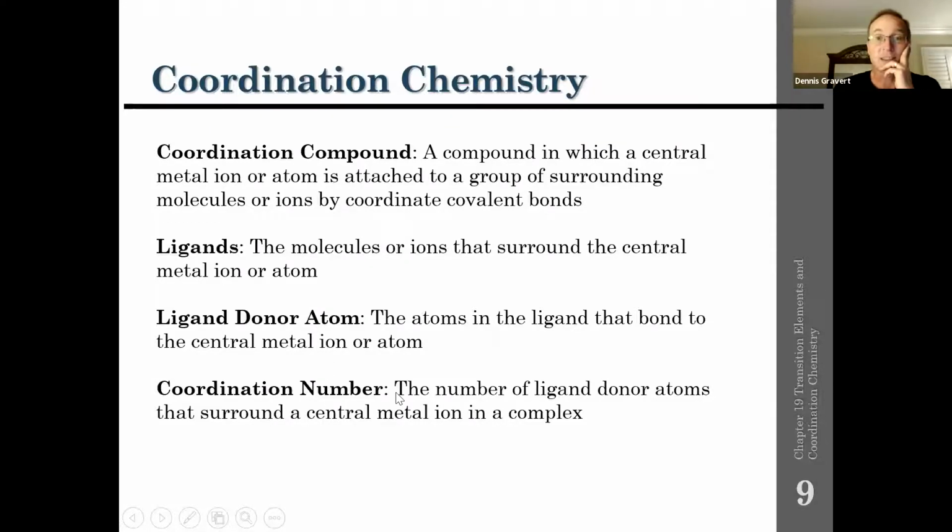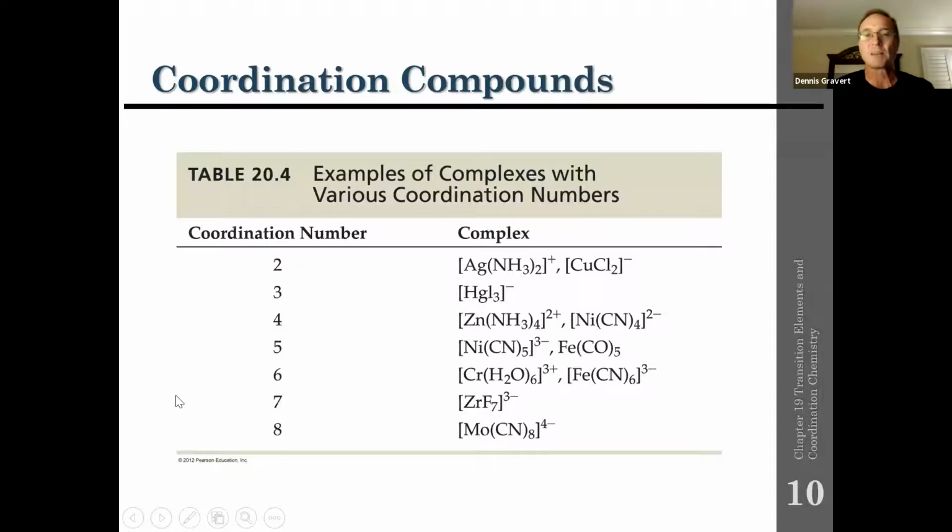Coordination number. This definition says the number of ligand donor atoms that surround a central metal atom in the complex. It's easier to think of coordination number as the number of covalent bonds to the metal ion. Here's some good examples. So where's my pen? Okay, so let's do the coordination number first.